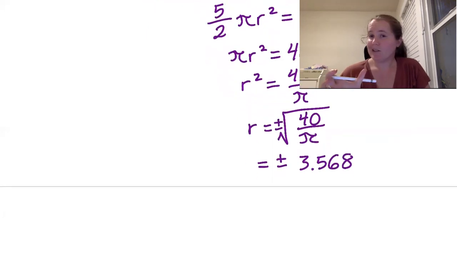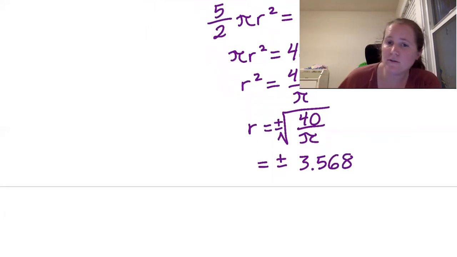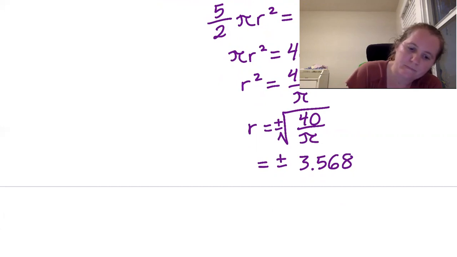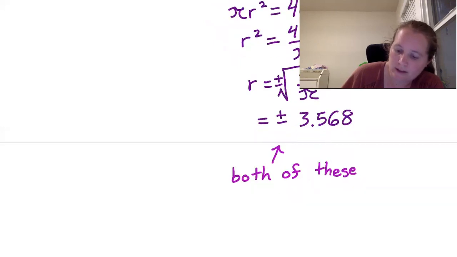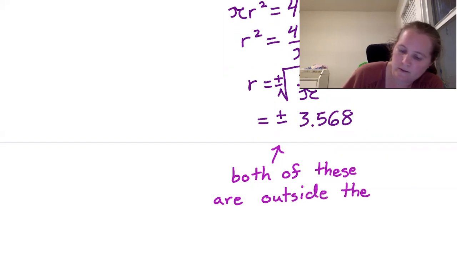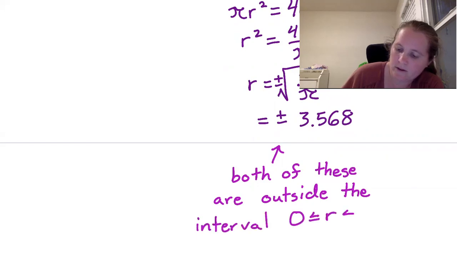Both of these are outside of our closed interval, 0 less than or equal to r less than or equal to 3.46.